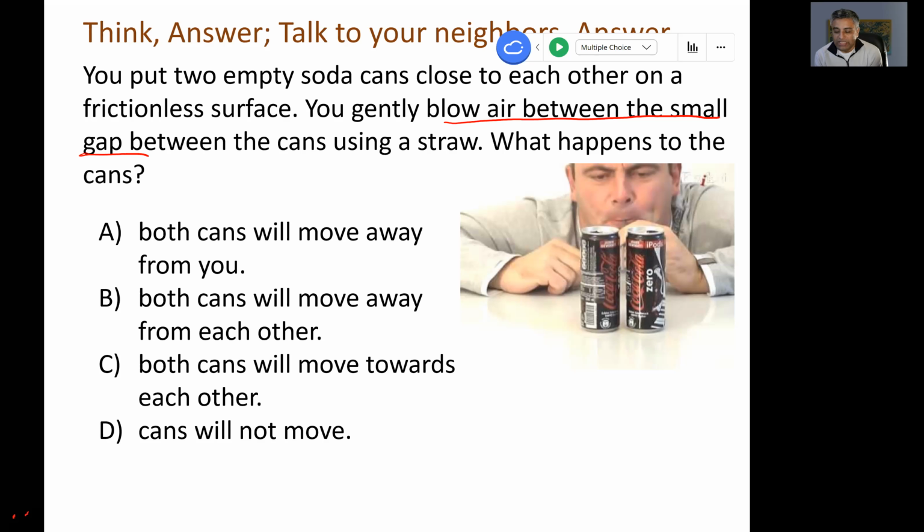So we are blowing air in between the cans. That means speed is larger in between the cans than outside the cans. Is that correct?